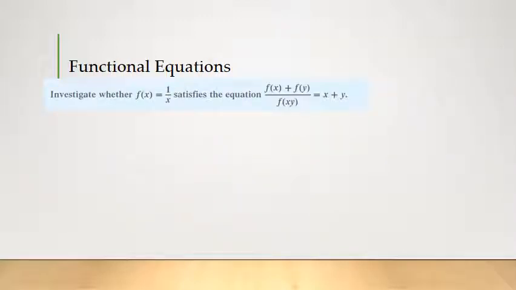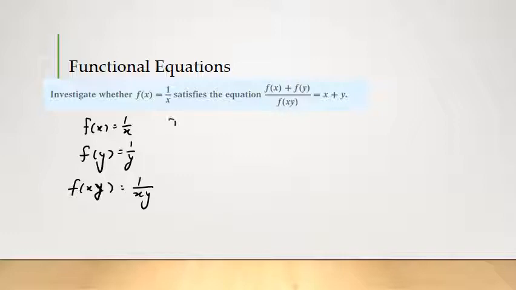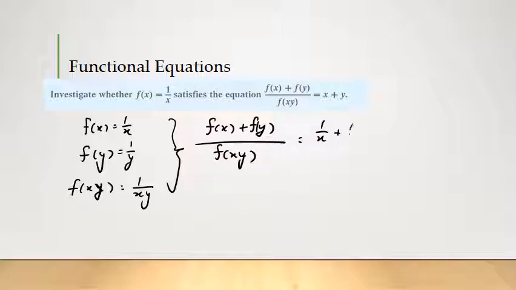Alright, last thing, we need to check whether or not functions satisfy an equation. Investigate whether or not f of x equals 1 over x satisfies the equation. Just simply plug it in. We have f of x equals 1 over x, f of y equals 1 over y, f of xy equals 1 over xy. So f of x plus f of y all over f of xy is 1 over x plus 1 over y, over 1 over xy.